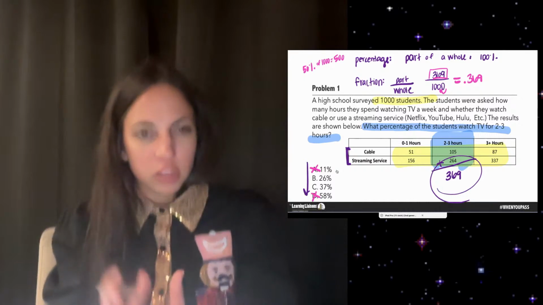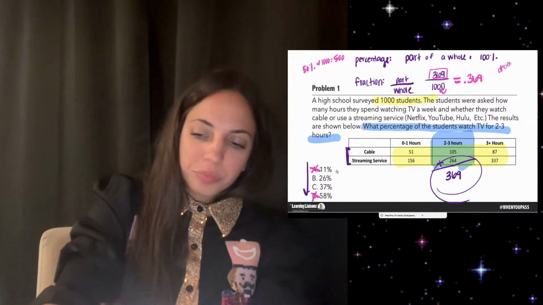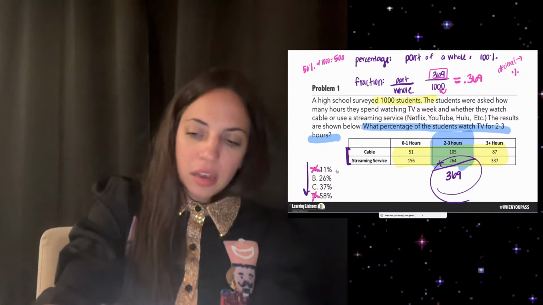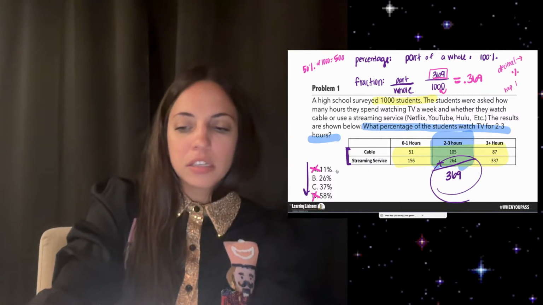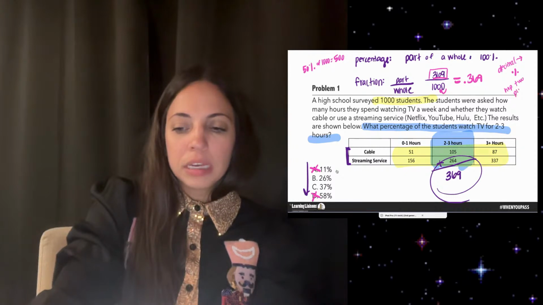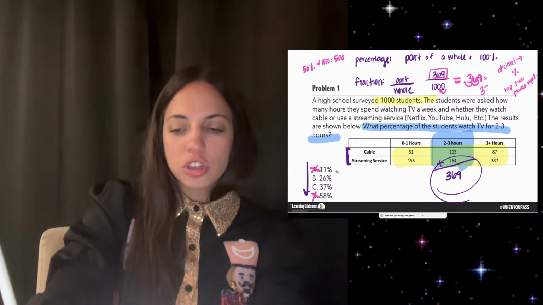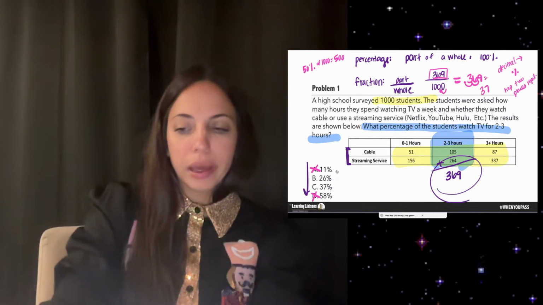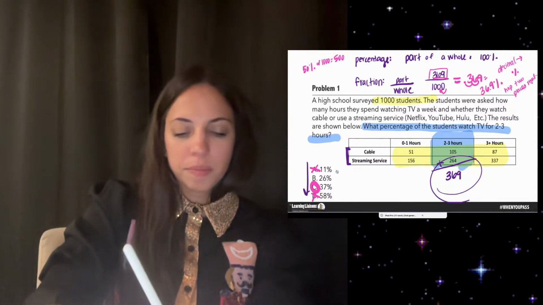And then how do I convert the decimal to a percent? Well, a decimal to a percent, I'm going to hop or move the decimal place 2 places to the right. 1, 2, that equals 36.9%, which rounds to 37%.